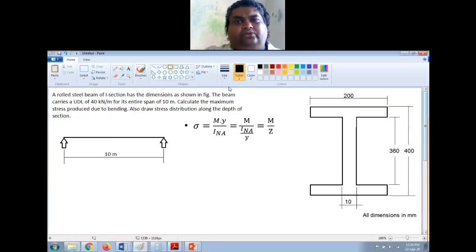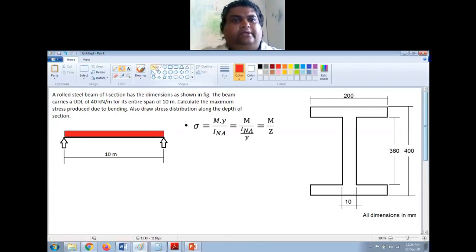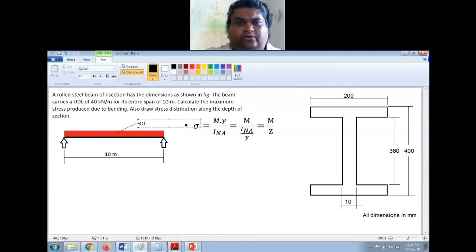So I will show it as a UDL like this, and I will shade or fill this with red color. Now this is a UDL of 40 kilonewton per meter.